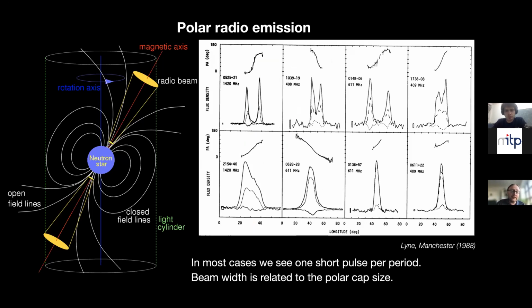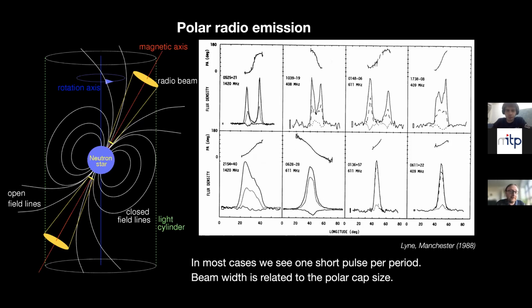And the observational hint to it is the polar radio emission, which has been observed now for more than 50 years. The basic ingredient for why it comes from somewhere near the surface is the narrowness of the peaks. You basically see that the radio emission covers a very small patch throughout the whole rotation period of the pulsar.